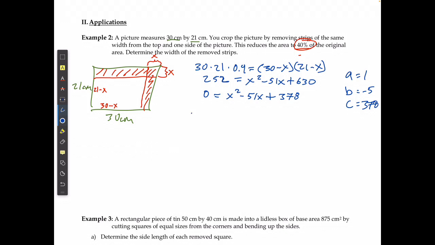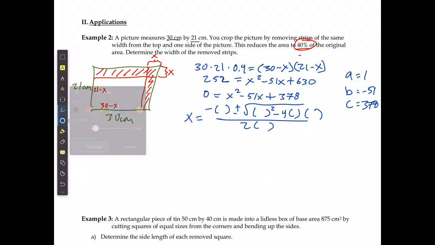So x is going to equal negative b plus or minus the square root of b squared minus 4ac, all divided by 2a. Negative negative 51 plus or minus the square root of negative 51 squared minus 4 times 1 times 378, all divided by 2 times 1.